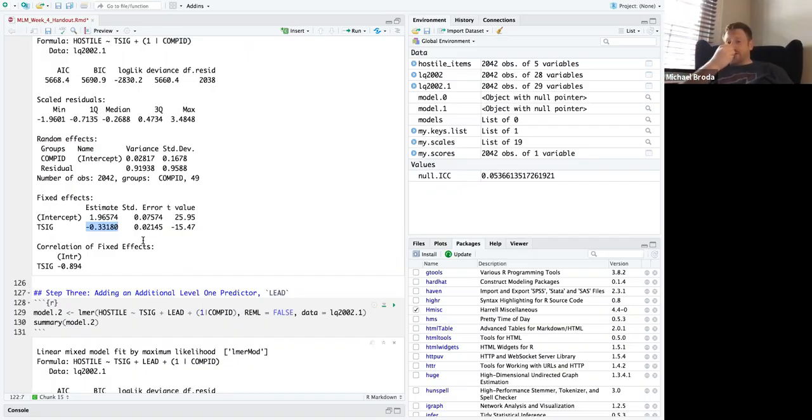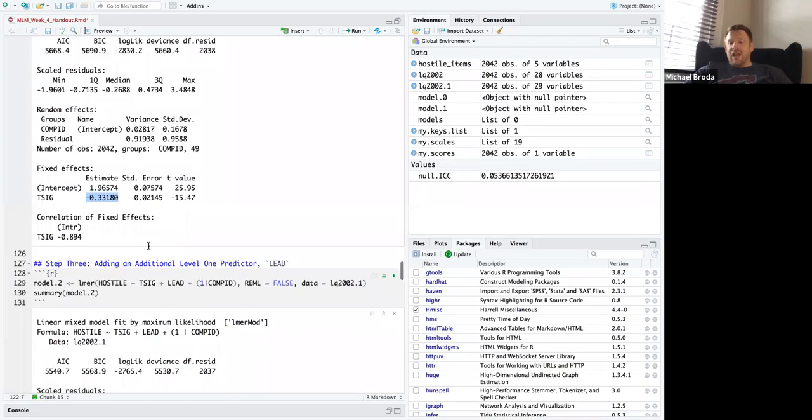So people who perceive their jobs as more important are less hostile to the overall mission of the group. That's a good thing, right? That's what we're looking for. If you can communicate the importance of one's job to someone, that's going to help in terms of reducing potential hostility towards the mission.